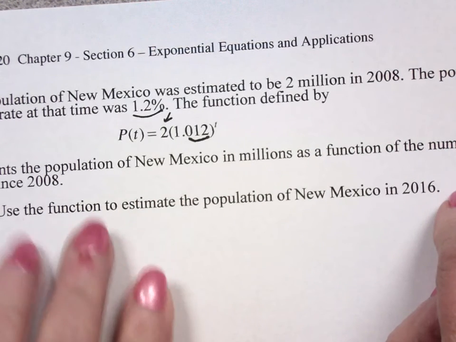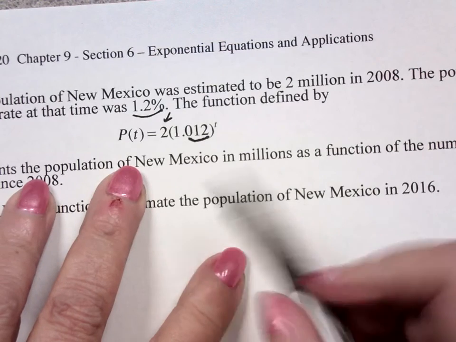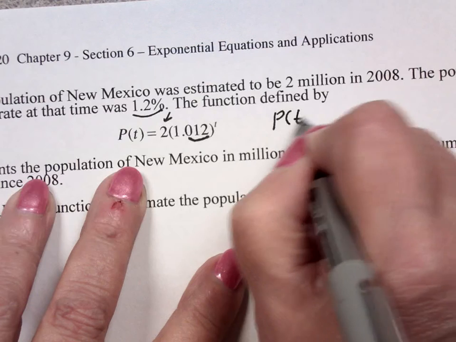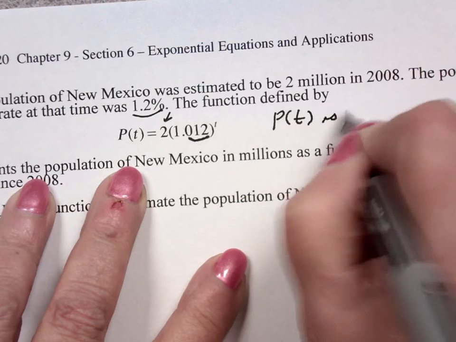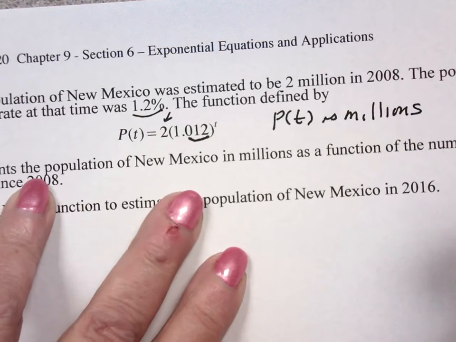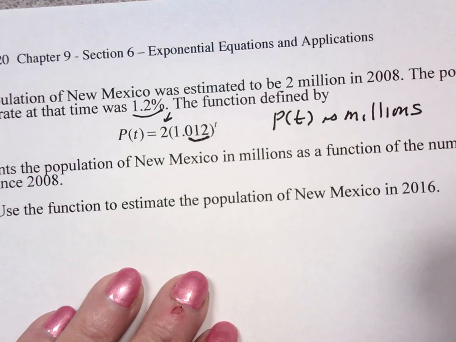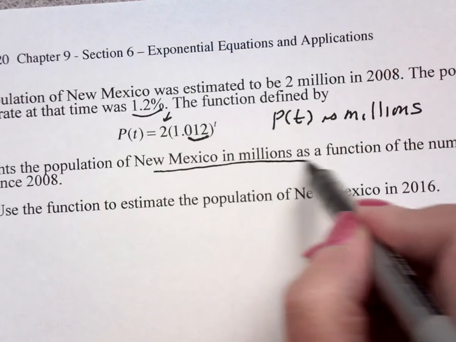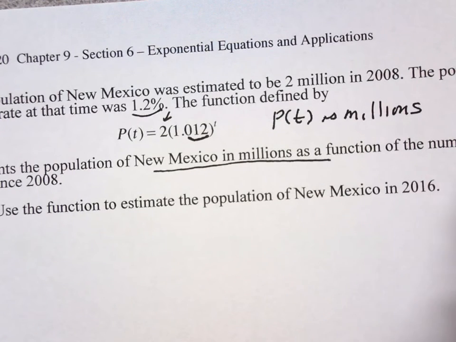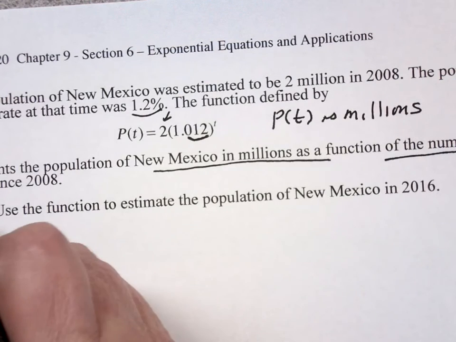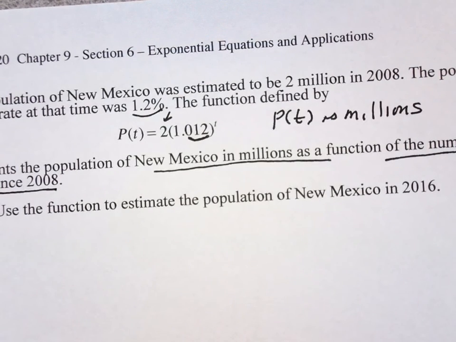Because they're going to come down and they're going to tell me that P of T is in millions. And it says the population is in millions, and T in time is the number of years after 2008.